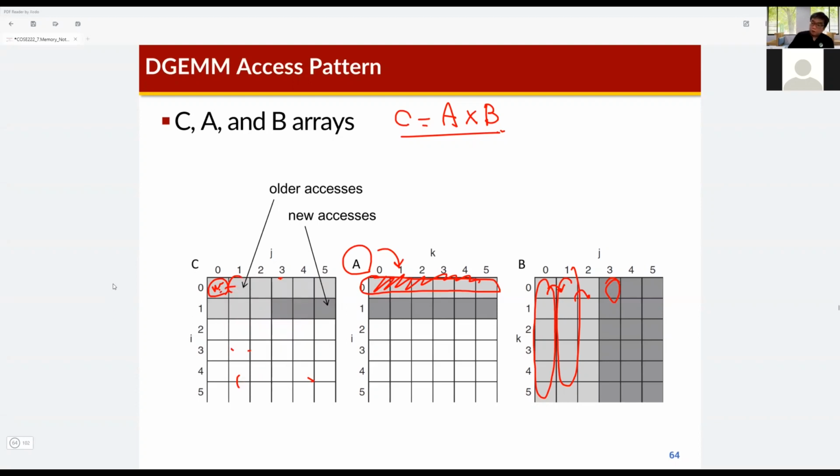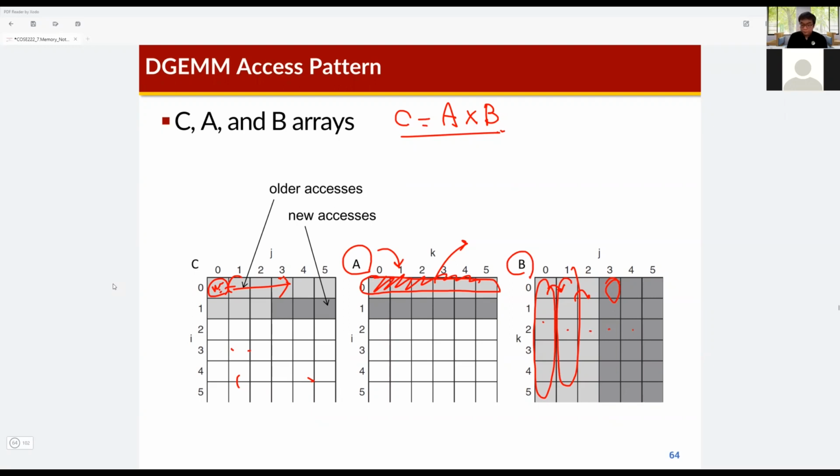So we can easily understand that for matrix A, this row is repeatedly used, right? Then how about the column data of matrix B? This is used.